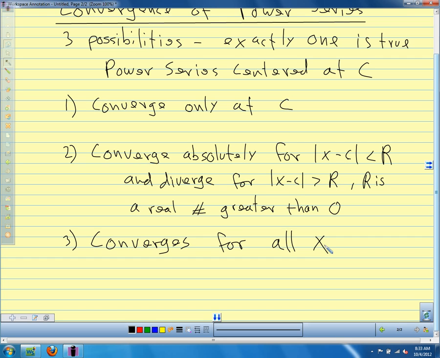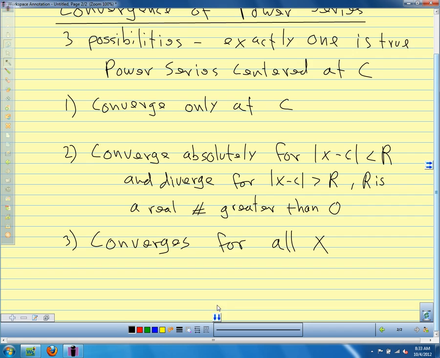So it's going to converge at one particular value, the value that we expand our power series about. It's going to converge for some range of values and diverge for all other values, or it's going to converge for all x. And depending on how we use the power series, our usefulness and our application is going to depend on what values of x this power series converges for.